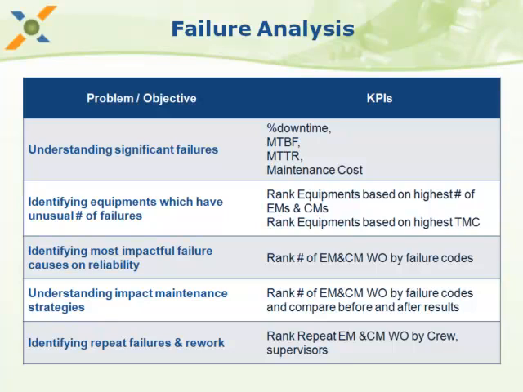Similarly, we can look at the most impactful failure causes on reliability. So if we want to identify failure codes which have the highest emergency maintenance or corrective maintenance by failure codes, we can rank it and identify those failure codes.